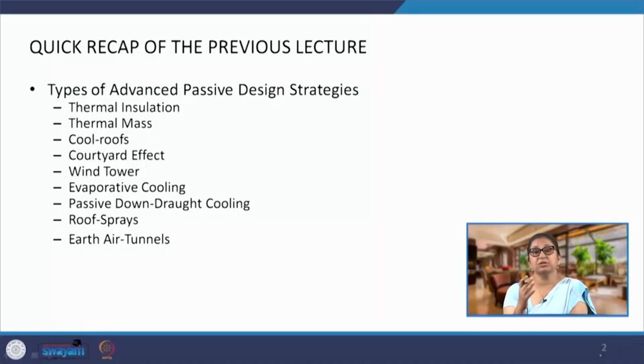In the previous lecture, we looked at some of the advanced passive design strategies. Some of these strategies also talked about natural ventilation, but mostly the strategies that we have seen in yesterday's lecture and the lecture before that, where we talked about passive design strategies, is about maintaining a thermally comfortable environment, and we had less focus on the air speed, the air movement inside the buildings.